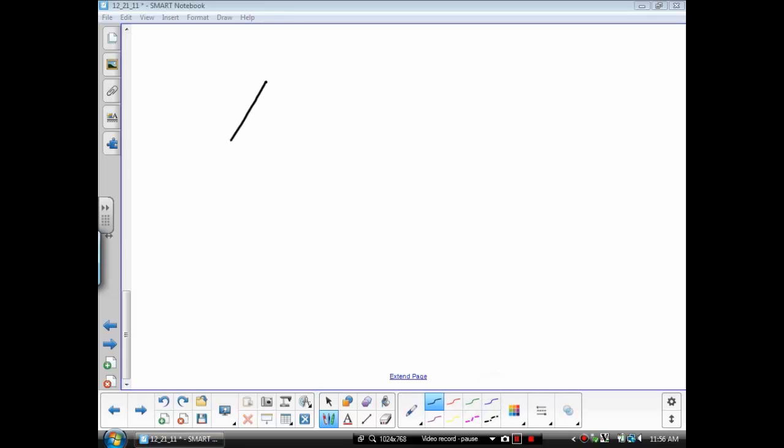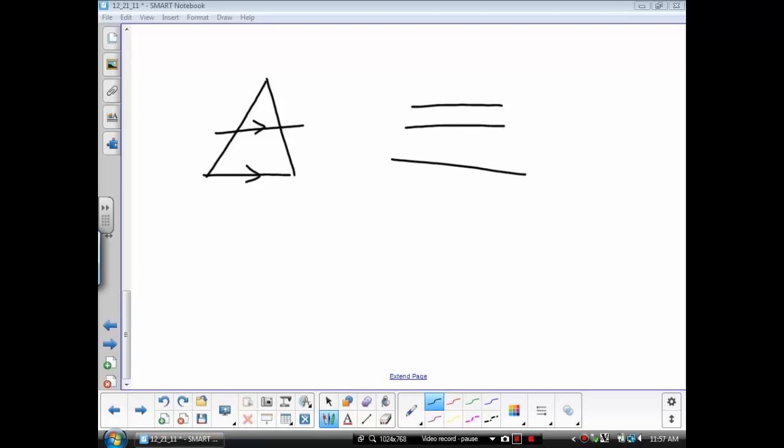We have a triangle with a line drawn parallel to one side that intersects the other two sides. We have three parallel lines that intersect two transversals. And we have a triangle with an angle bisector.